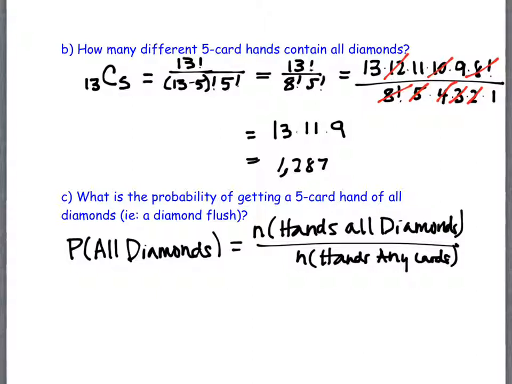The number of hands of all the diamonds, that was part B, divided by the number of any combination. Anything could happen, and that was part A. So this is the 1287 on top, and on bottom is your 2,598,960. So go ahead and divide those. Tell me what you get.